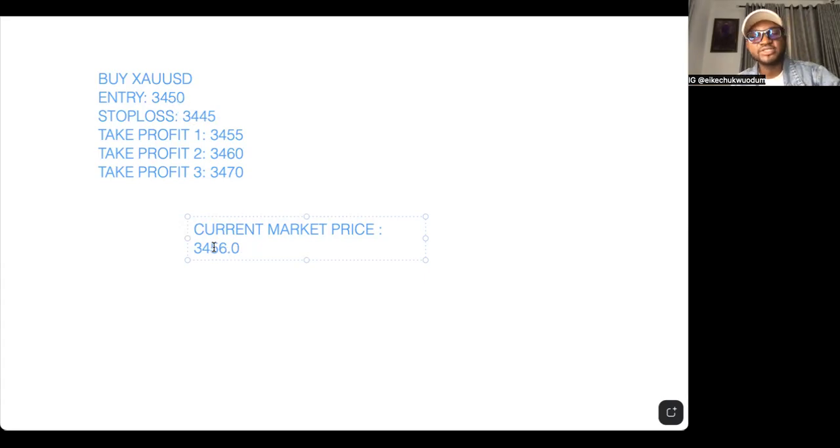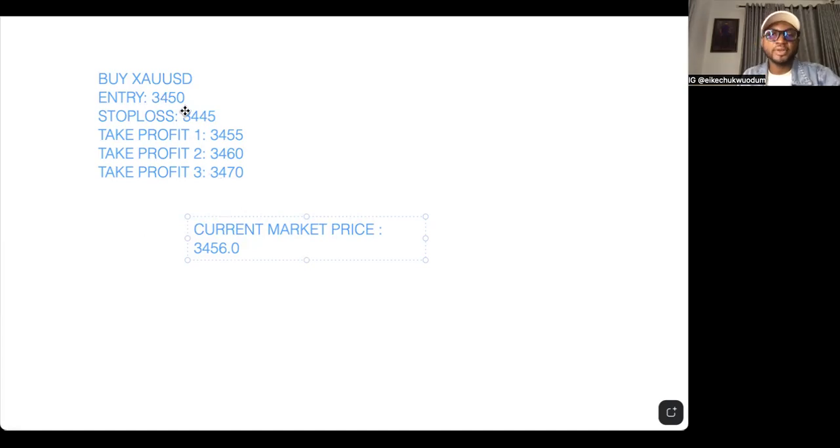So when this second number before the decimal starts to change, price has now started to move in triple digits. When it moved from 50 to 60, that's 100 pips. When it moved from 50 to 70, that's 200 pips. So this is how you calculate your pips.